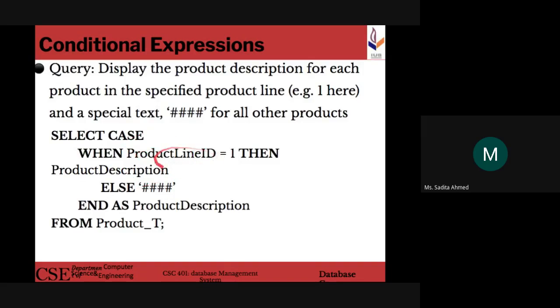Else, that is if this condition is not met, then this garbage value is displayed. Okay, and this will continue until we have gone through all the rows in the product table. Once we have gone through all the rows, that's when it will end. And then finally return the result as product description.